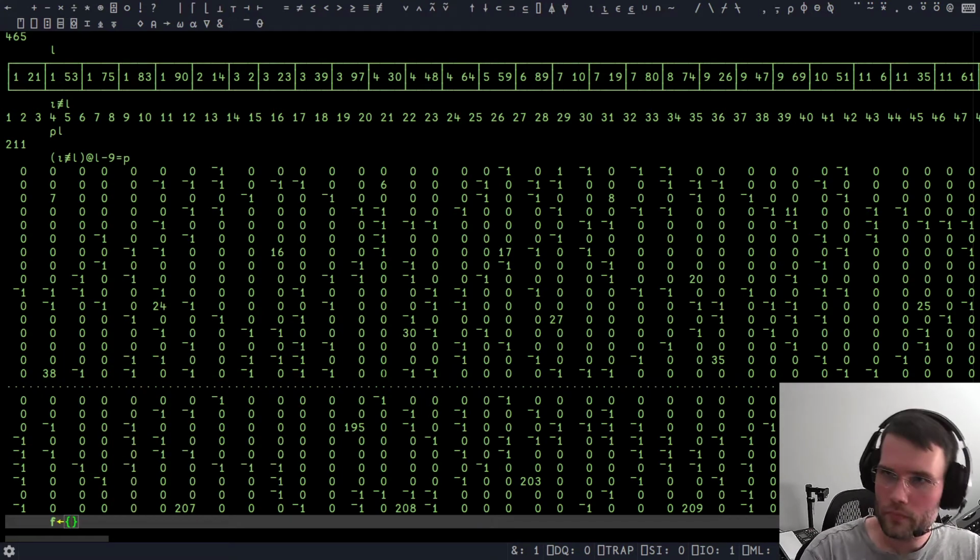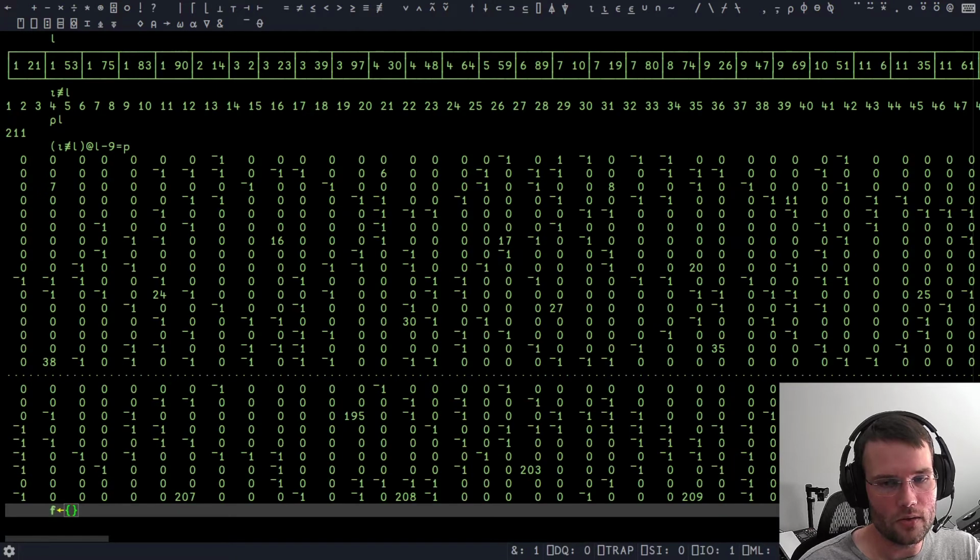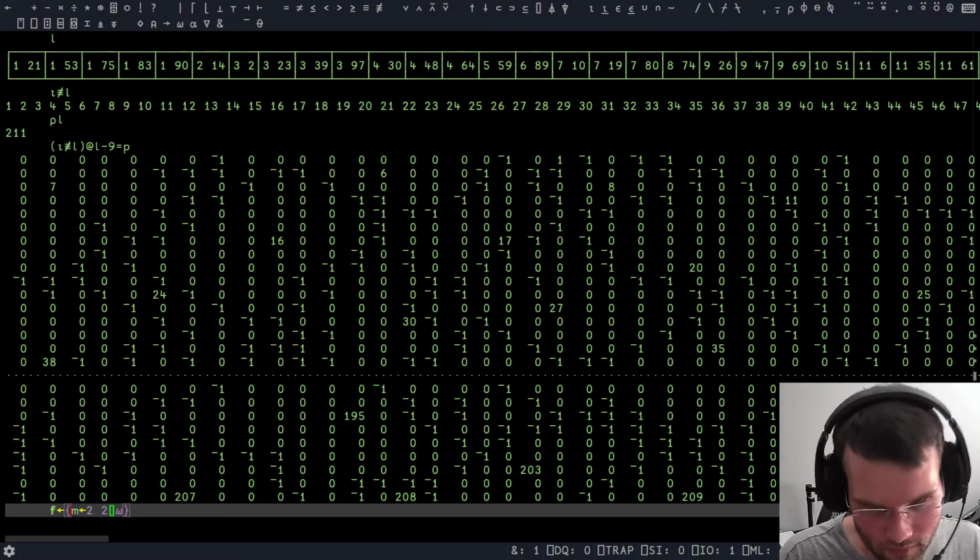And importantly, remember in our problem description, it says that locations of height 9 do not count as being in any basin. So we want to skip those. Now they're represented by -1 here in our matrix. So we'll index into the middle of the submatrix that the stencil operator gives us, and we'll assign this to m because we might use it later.